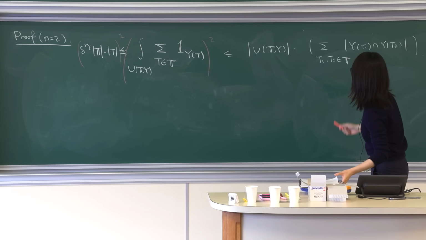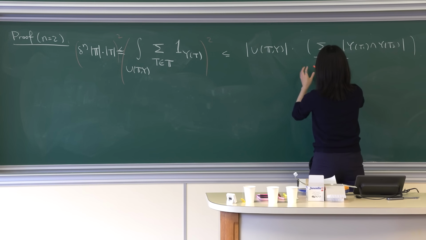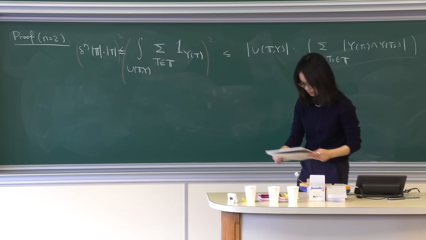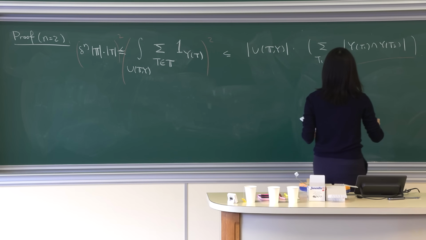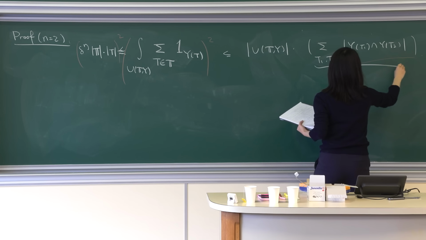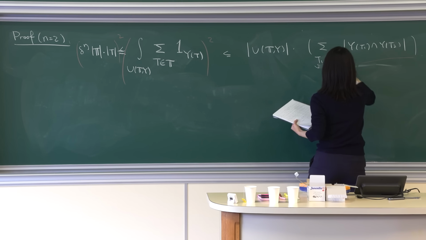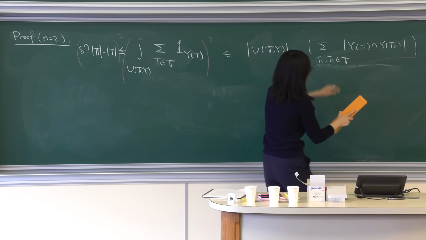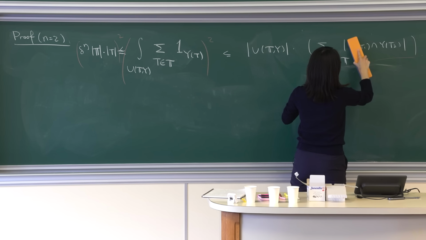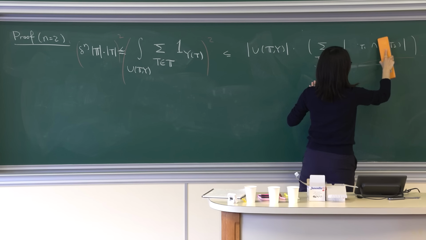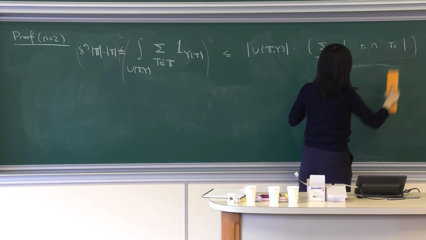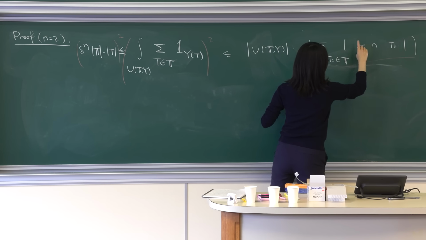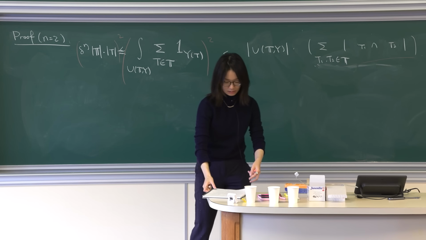So in order to show that this has a lower bound, we just need to give an upper bound on the intersections. I'm going to just use that the shading is trivially bounded by the T1 and T2 intersection. So this is less than or equal to the volume of T1 intersect T2.